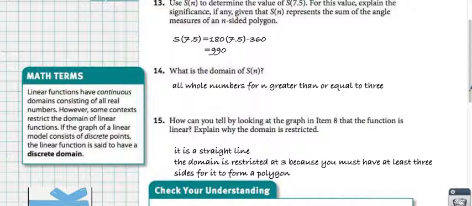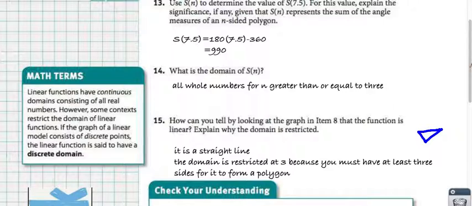A triangle would be your smallest polygon that would form a closed figure. We couldn't have a polygon that's just 2 lines because it would be open. They would not connect. So that triangle is the 3. That's where the domain is restricted, because we have to have a closed figure for it to be a polygon.